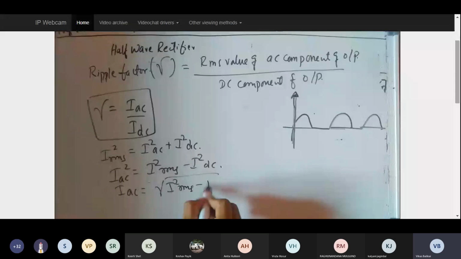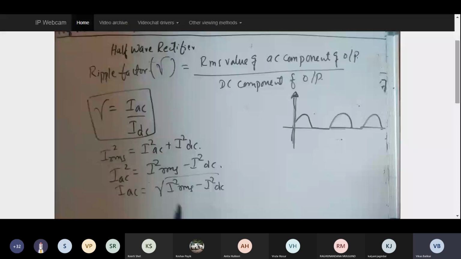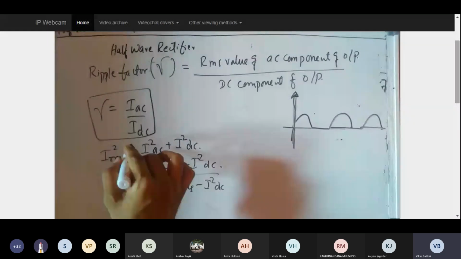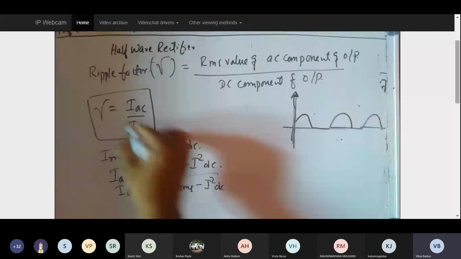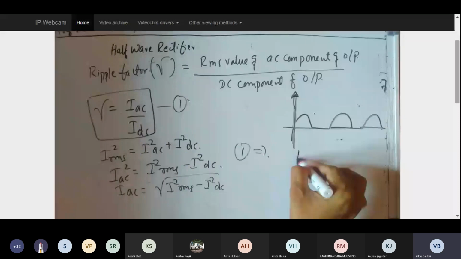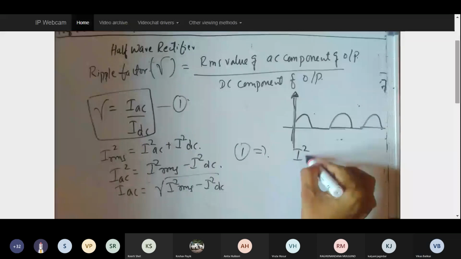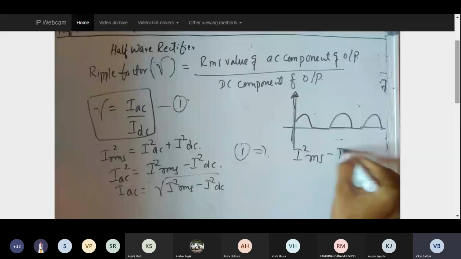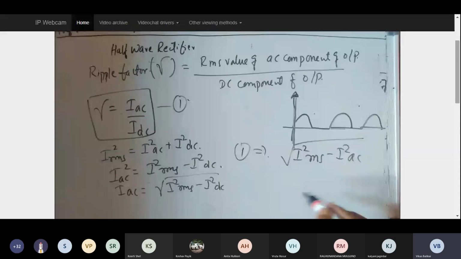IDC also has some value, but now I am doing the equation by representing the current in terms of DC and RMS. I'll keep the values as they are. So according to equation number 1, IAC is the square root of I square RMS minus I square DC, and IDC I'm going to keep as it is.